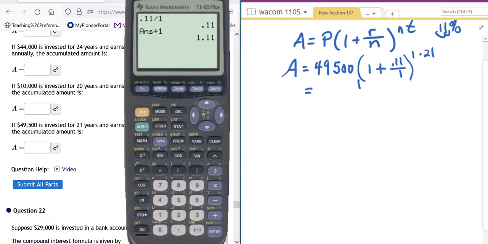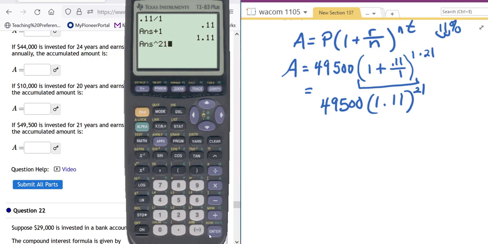So if I was doing it by hand, that is what I would get, 1.11, and that is to the 21st power times 49,500.